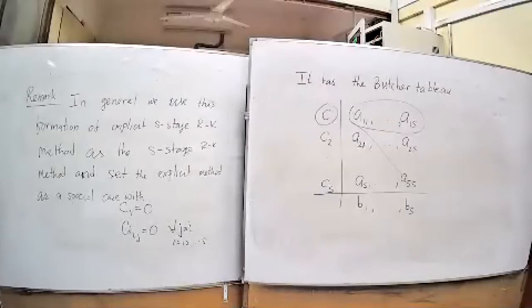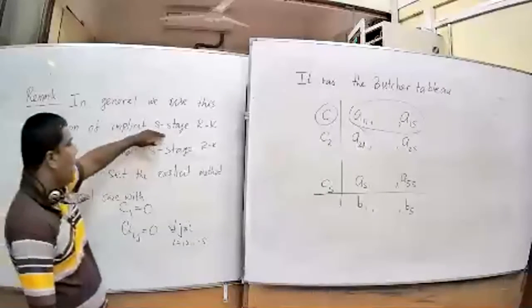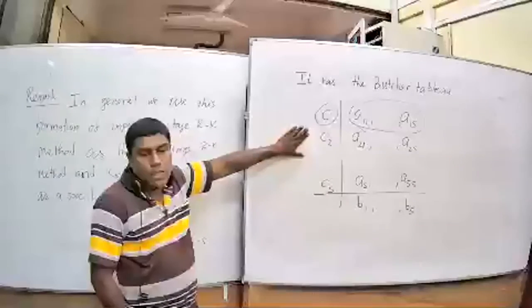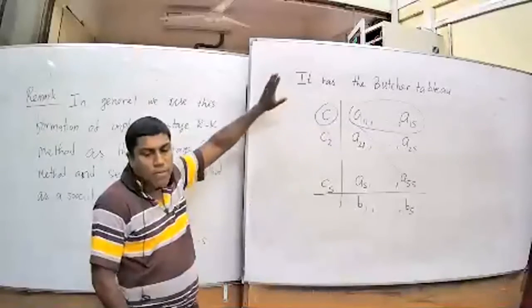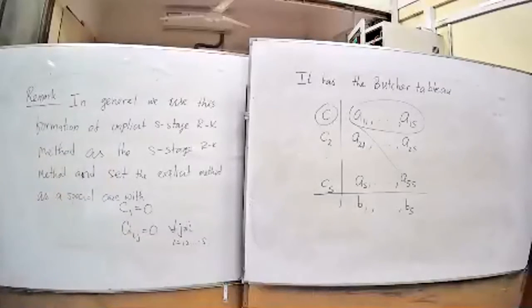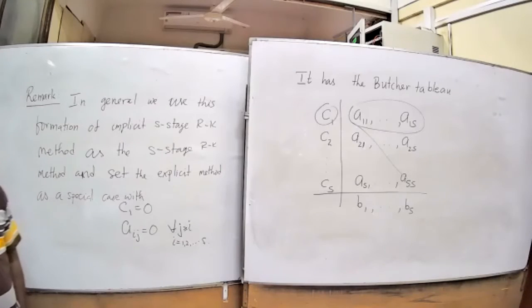This is what you will see when they say an S-stage Runge-Kutta method, they will just talk about this table, right? And then in this table, they put these coefficients to be 0 as a special case, which eventually will give you the explicit Runge-Kutta method, right?